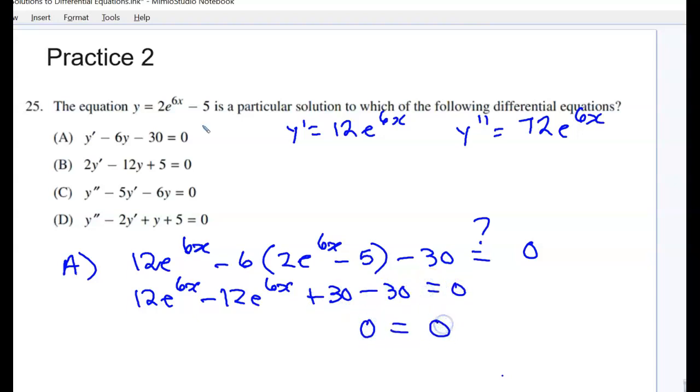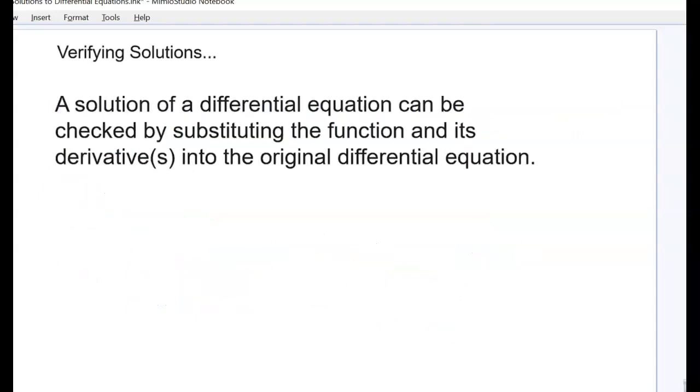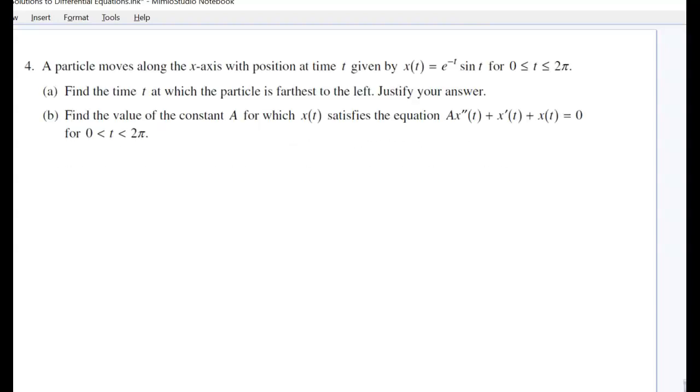So yes, 0 equals 0, and we found that our first answer is A. If A didn't work, then you try the second, third, fourth. That's probably your best strategy to attack those types of problems. So a solution of a differential equation can be checked by substituting the function and its derivatives into the original differential equation.